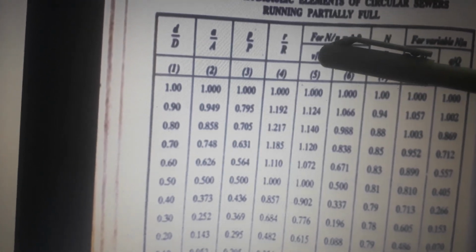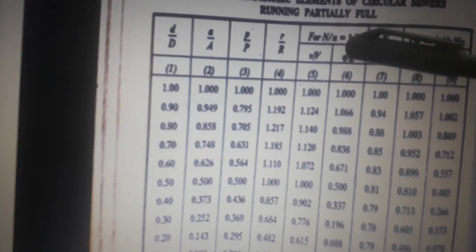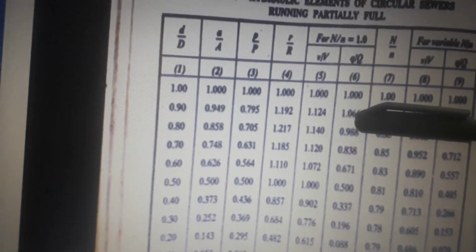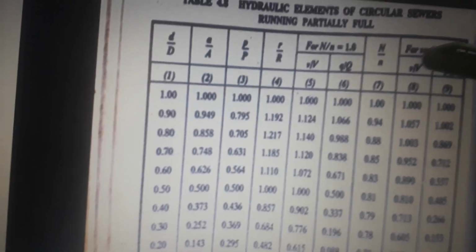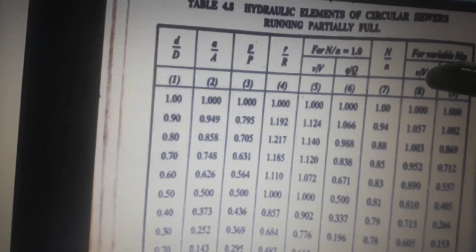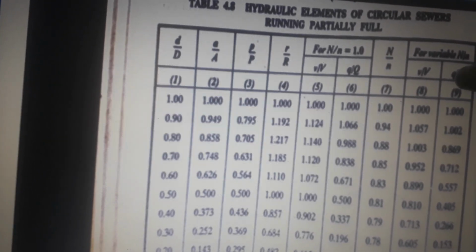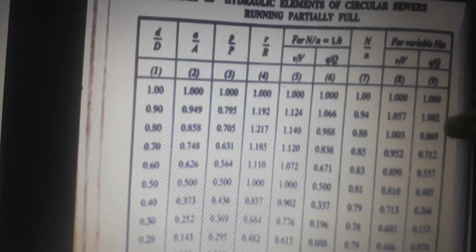Then d/D = 0.90: a/A = 0.949, v/V = 0.795, r/R = 1.192. For N/n = 1.0: v/V = 1.124, q/Q = 1.066, and N/n = 0.94. For variable N/n: v/V = 1.057, q/Q = 1.002.